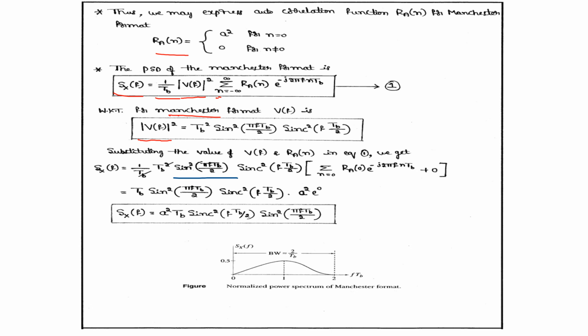Substituting the value of RA of n in equation 1, we get x of f is equal to A square Tb sin square of pi f Tb by 2 over pi f Tb by 2 times sin square of pi f Tb by 2.